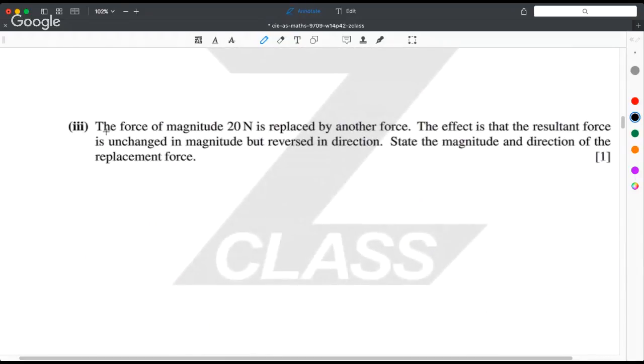Okay, so now they remove that 20 Newton force, the one pointing downwards, and they put another force in there. And now the resultant force has the same magnitude, unchanged in magnitude, but reversed in direction. So that means that Fy net is minus 5 newtons. And again, I'll just redraw it. And there's some mystery force. So we have the same components from these guys.